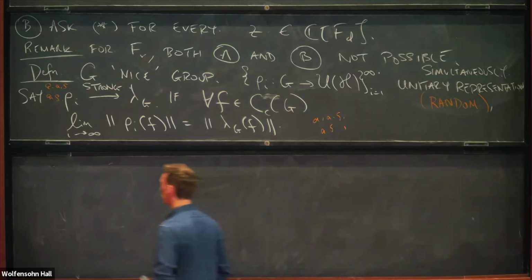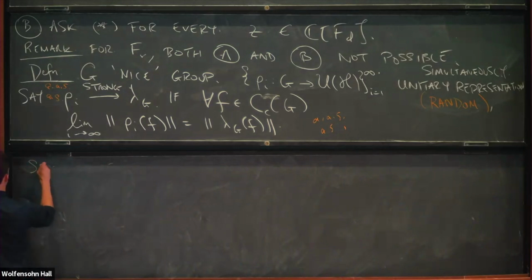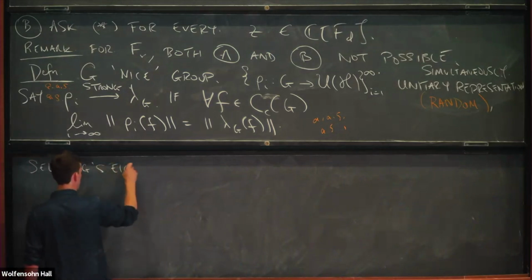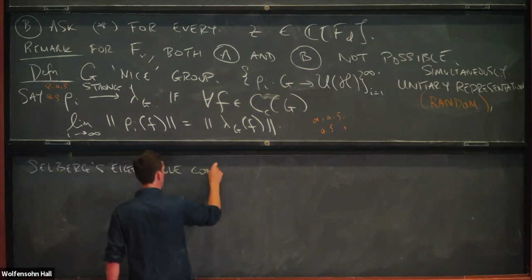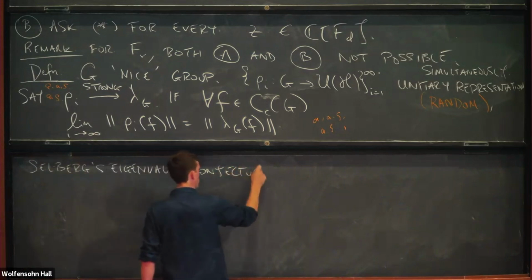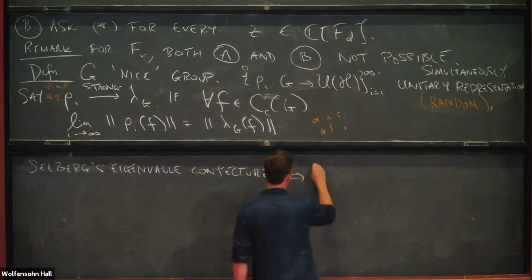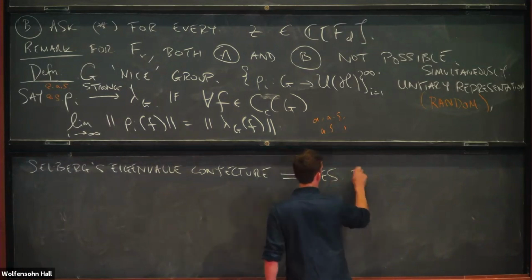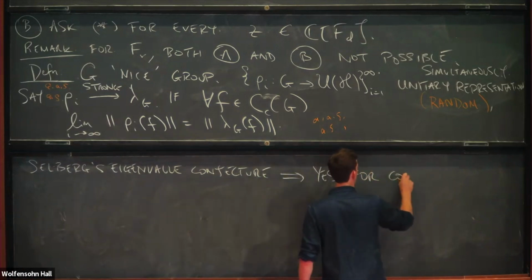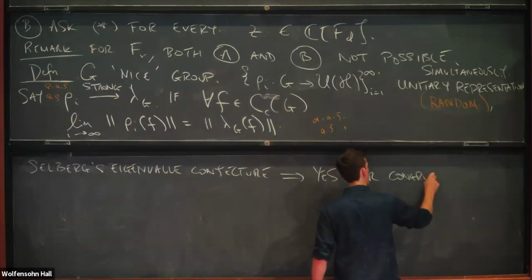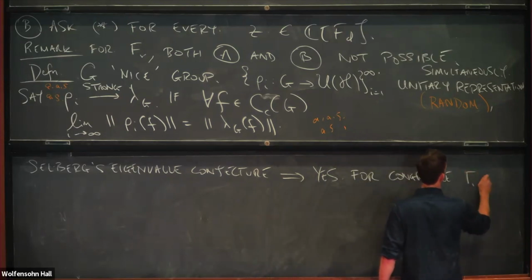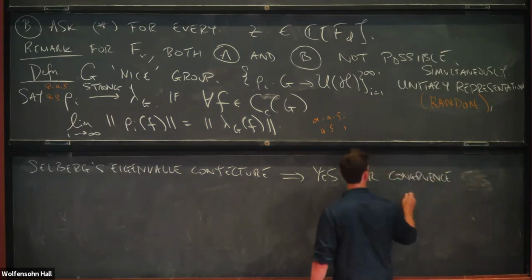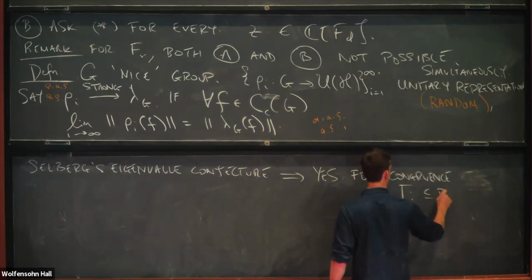Okay, so the most famous thing is Selberg's eigenvalue conjecture. It implies that the answer is yes for congruence gamma_i in PSL2R.